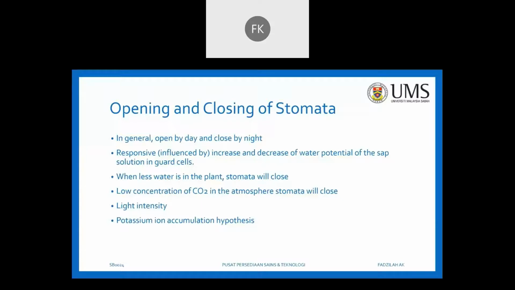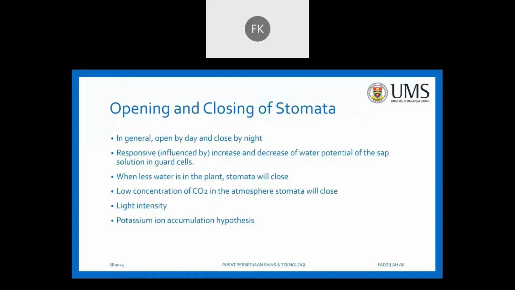It is influenced by the increase and decrease of water potential of the sap solution in the guard cell. The water potential of the sap solution in the plant cell is usually related to photosynthesis activity. When photosynthesis happens, there is more solute, usually sugar, inside the sap.